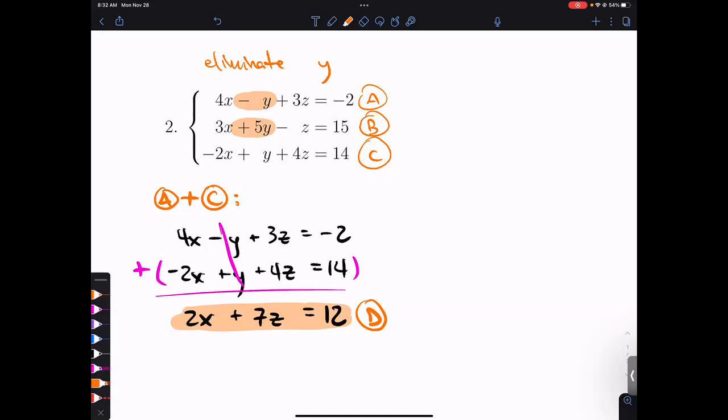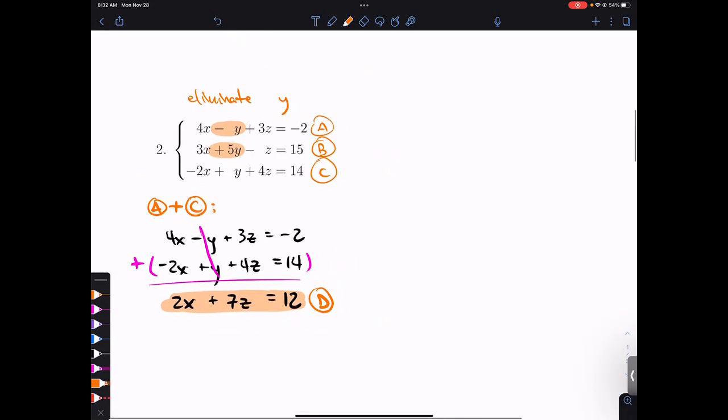Multiply the first one by 5. So 20x minus 5y plus 15z equals negative 10.